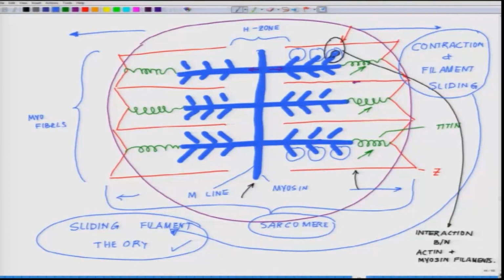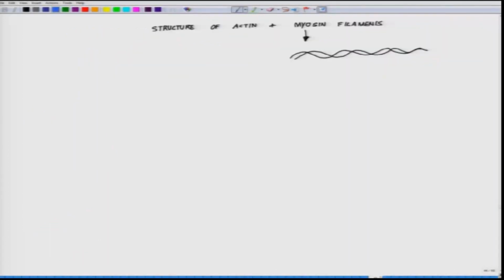The structure eventually forms something like this. This is that globular head. The structure I drew yesterday was something like this. I did not do that purposefully, it would be confusing.